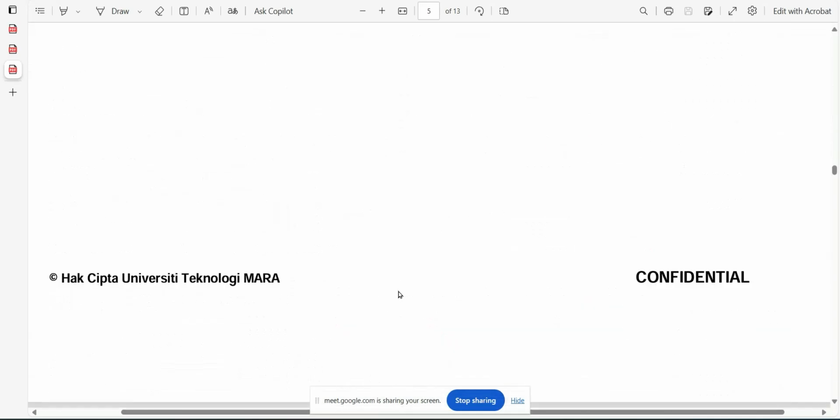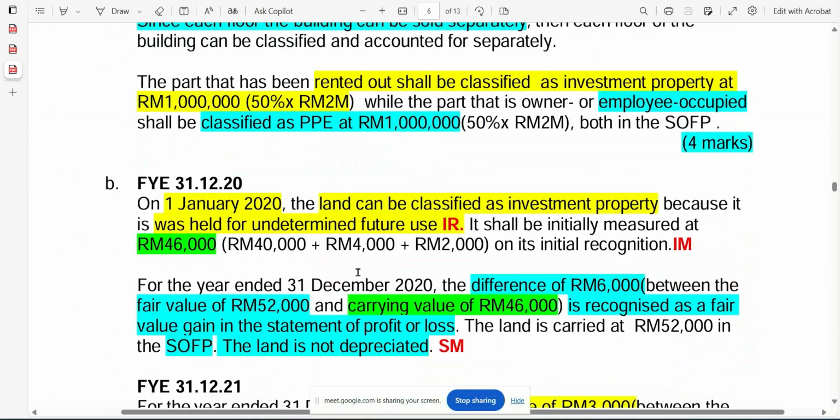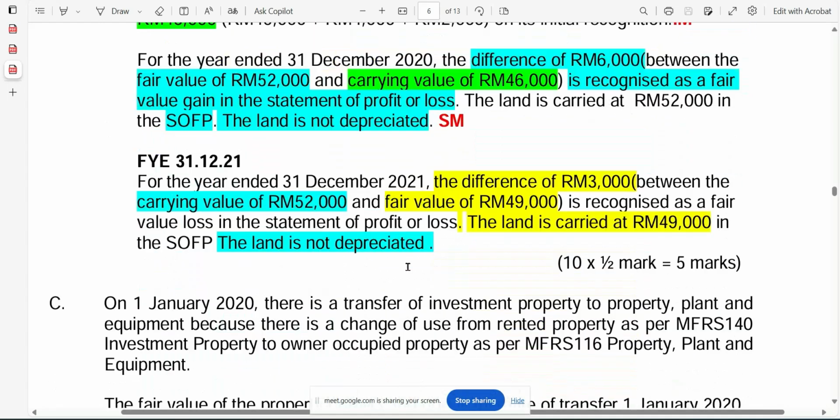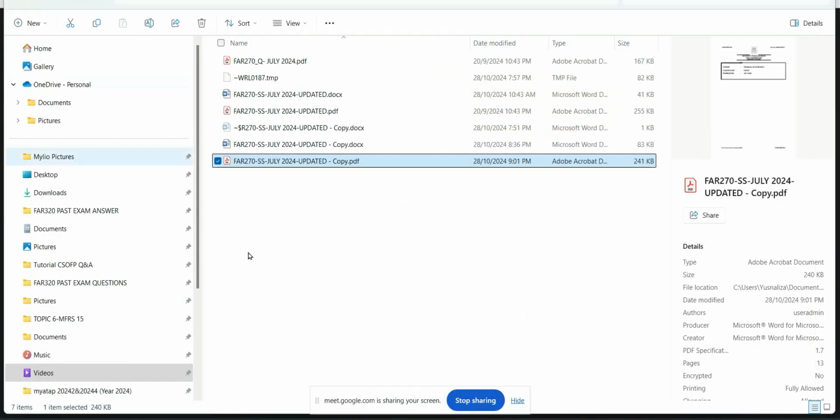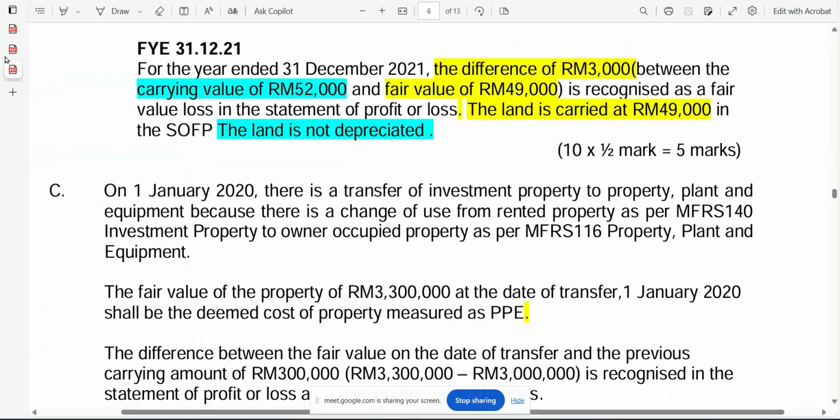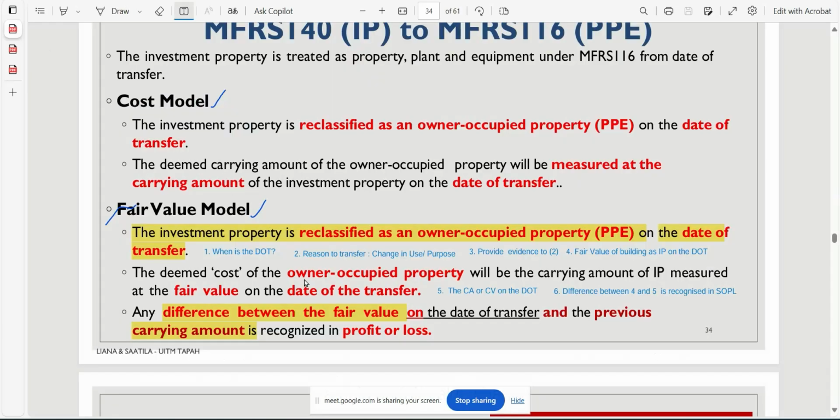Okay. So number one. These are all what we have discussed before. Number one, I said go and find the issue here, which is about transfer from IP to PPE. You are going to go and find the date of transfer, number one.